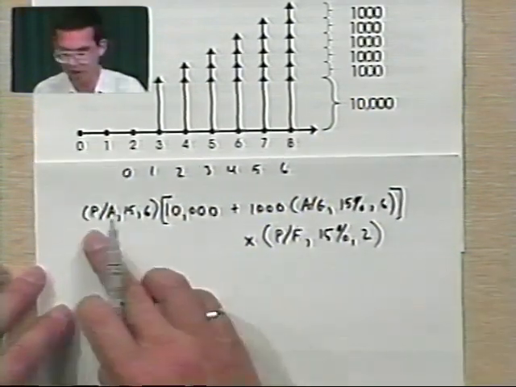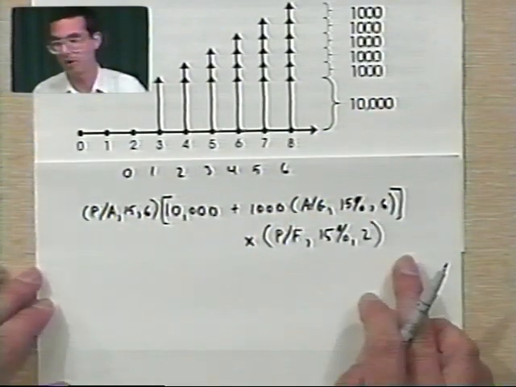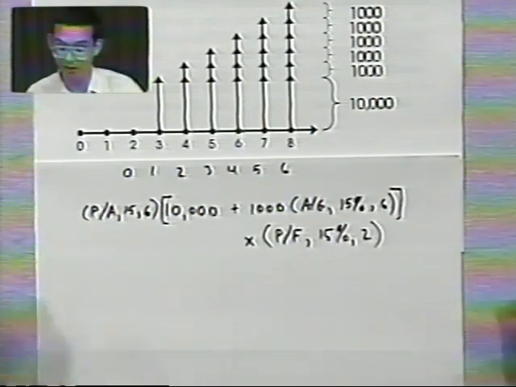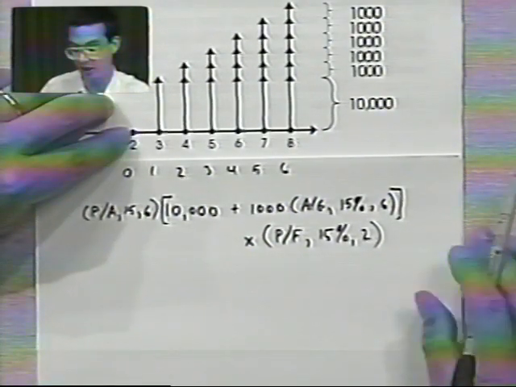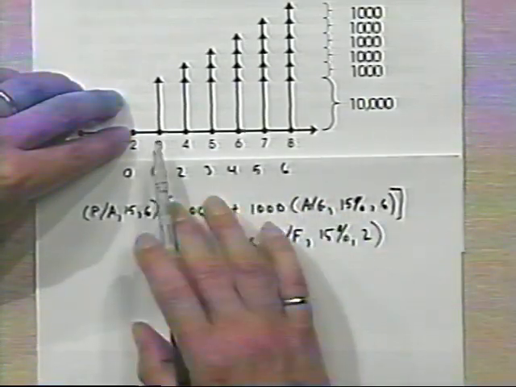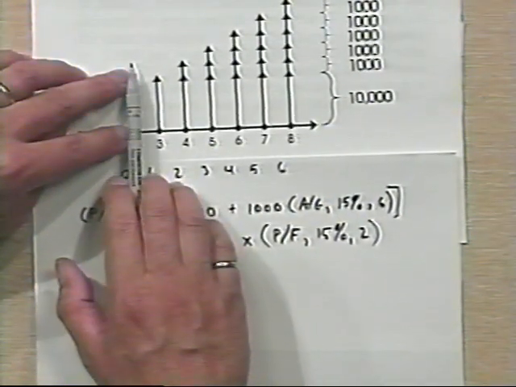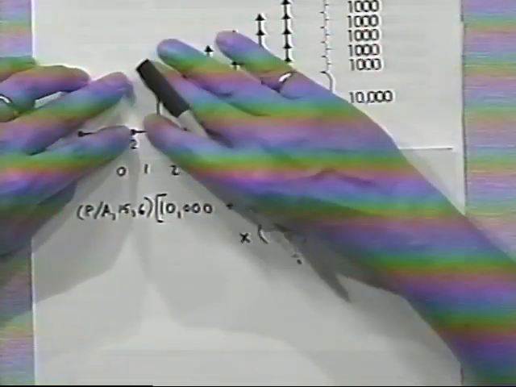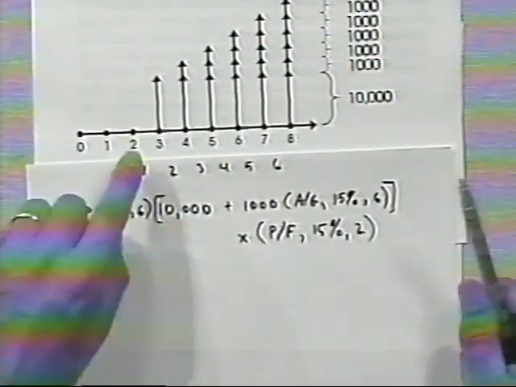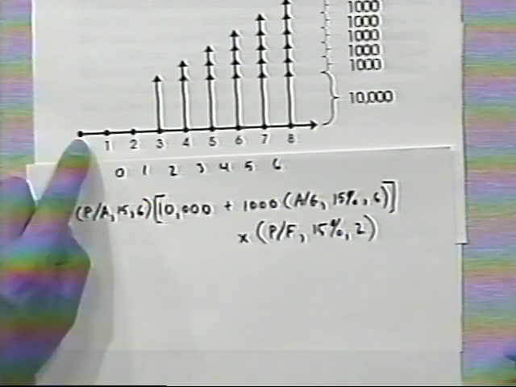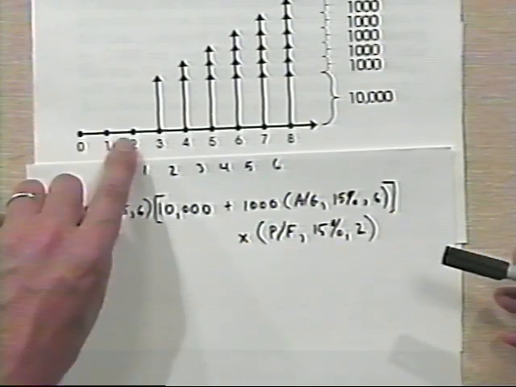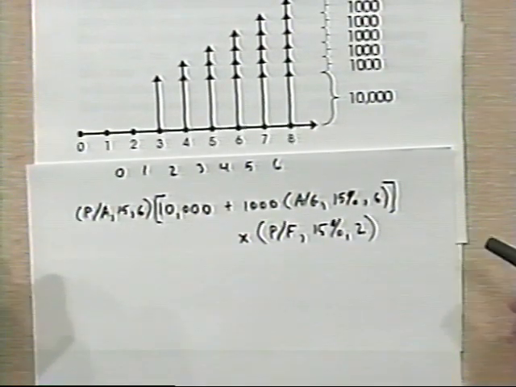So we end up with one long expression here, but it comes about through a natural logical process of taking our point of view at the end of year 2 first of all, recognizing it's a standard gradient, finding the present worth from that perspective, then recognizing that present worth at the end of year 2 is a future worth from the point of view of year 0, and finding equivalent present worth for that future worth.